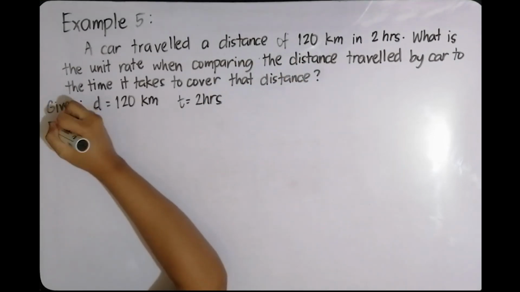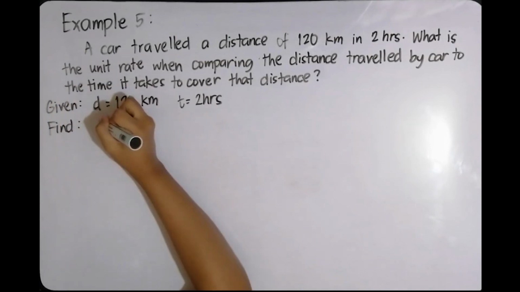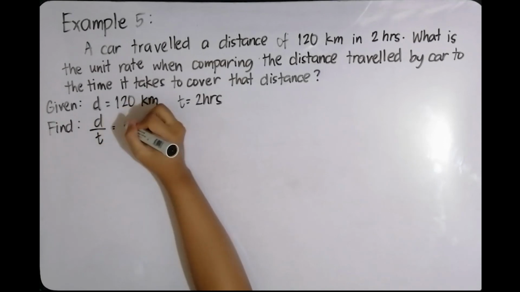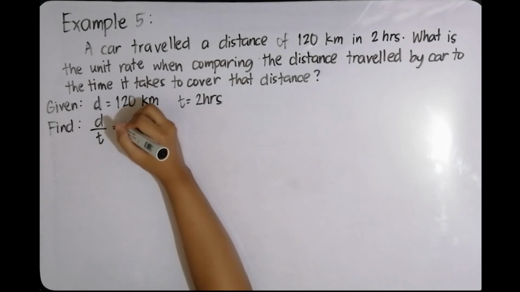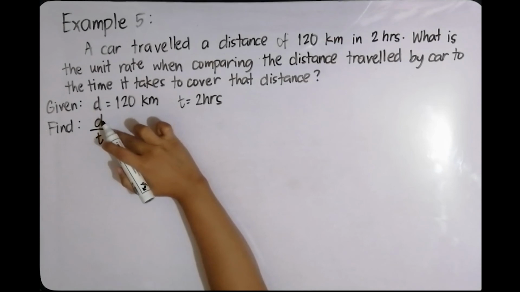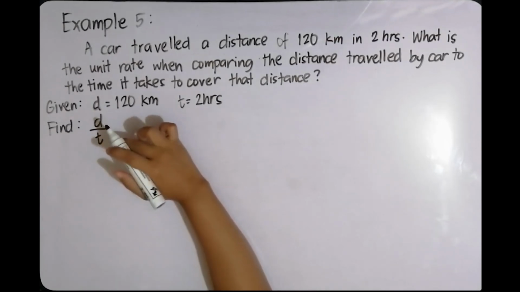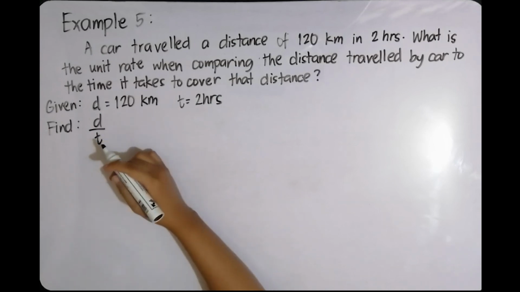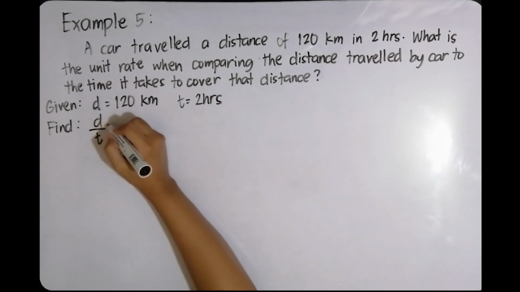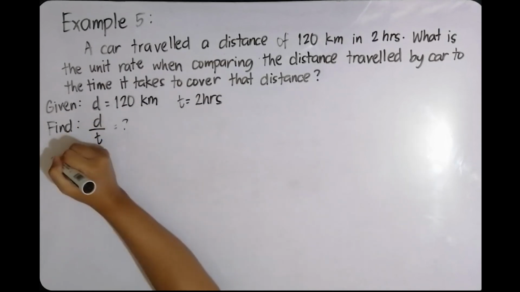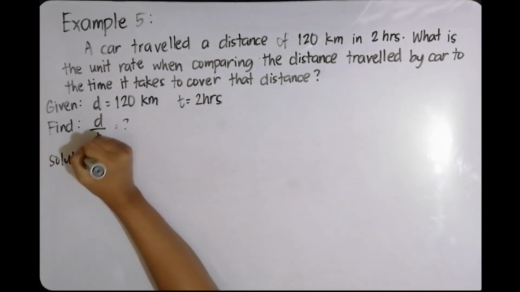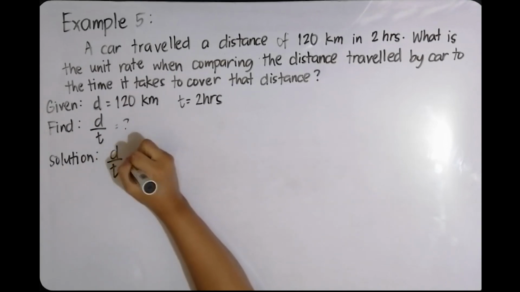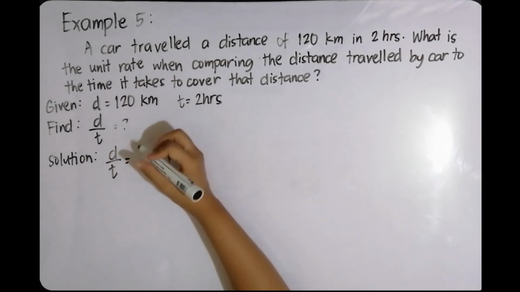So find D over T. This unit rate, or the ratio, in physics is the speed of the car, or the formula for speed. So unit rate again is D over T. For the solution, we need to substitute the values for D and T, the distance and time.